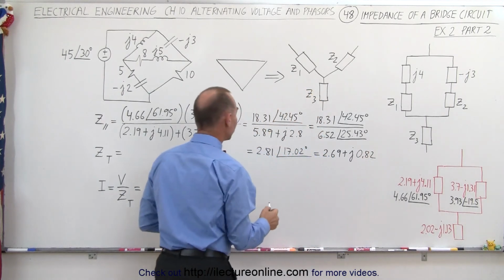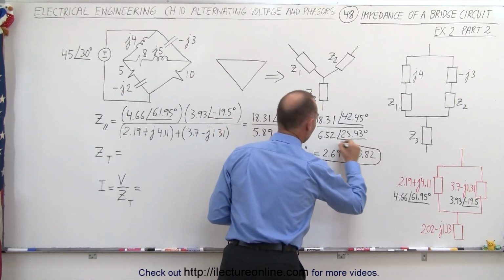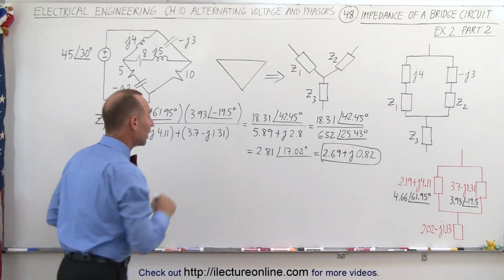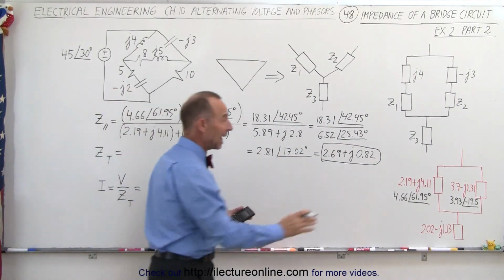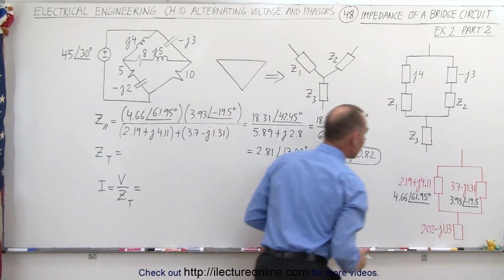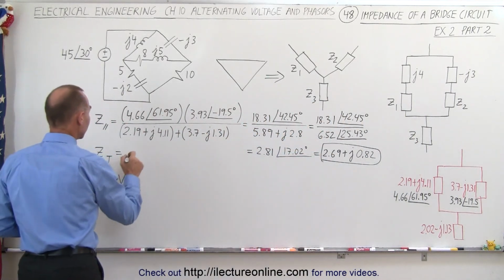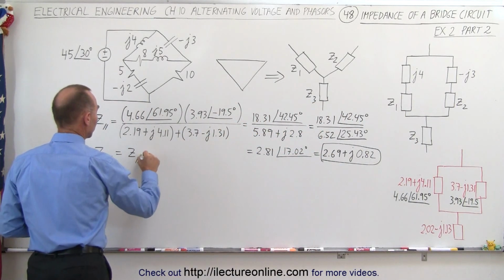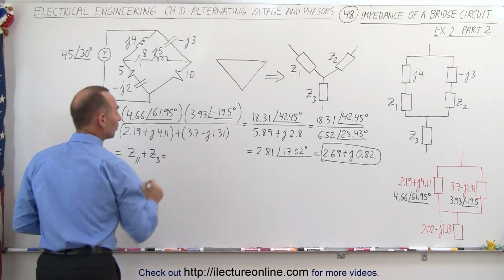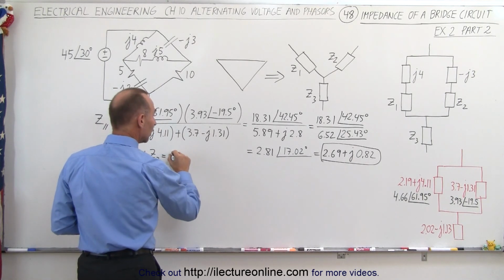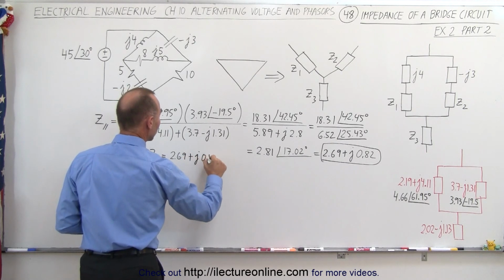So what we've done now is we have found the impedance of the parallel branch. Now we can go ahead and add that to Z3, which is down here. So that gives us the total impedance. So this is the impedance of the parallel branch plus Z3, which is equal to 2.69 plus J 0.82.